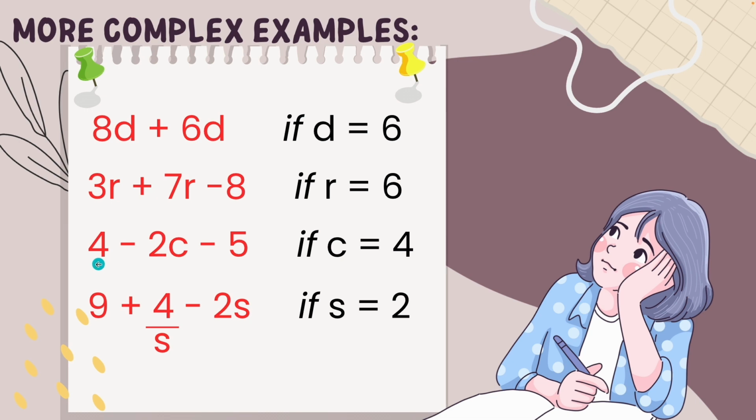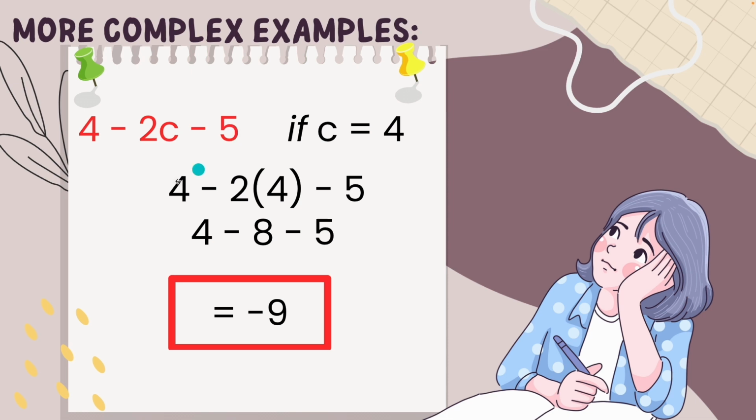Now let's go to the third example. We have here 4 minus 2c minus 5 if c is equal to 4. Let's solve for that. So we also substitute c. So that will become 4 minus 2 times 4 minus 5. So first, we have to multiply. 2 times 4 is equal to 8.